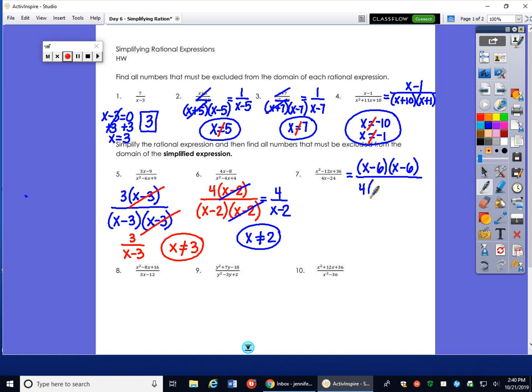On the bottom, when we take out a 4, we have x minus 6 as the leftovers after the greatest common factor. So minus 6 and minus 6 are going to cancel, leaving us with x minus 6 divided by 4. Now, since there's no x on the bottom, there is no number that can be excluded, because every number will work. There's nothing that will make the denominator equal to 0.